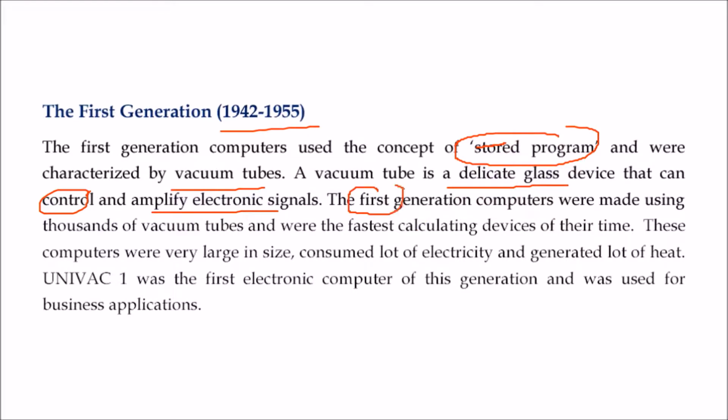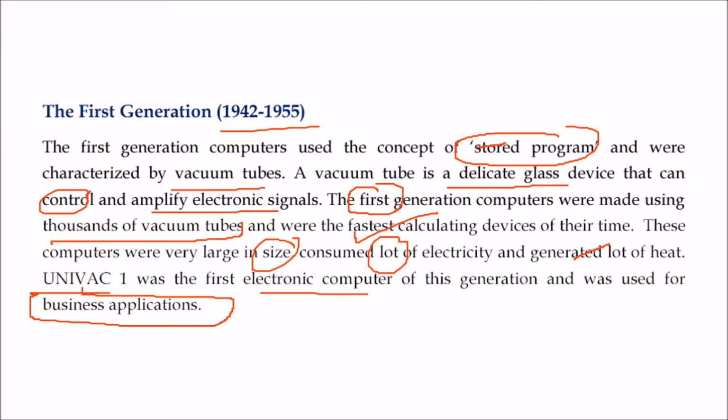Though these first generation computers were made using thousands and thousands of vacuum tubes, at that time they were the fastest calculating devices. These were very large in size, consumed a lot of electricity, and produced a lot of heat. UNIVAC 1 is the first electronic computer of this generation and was used for business applications.